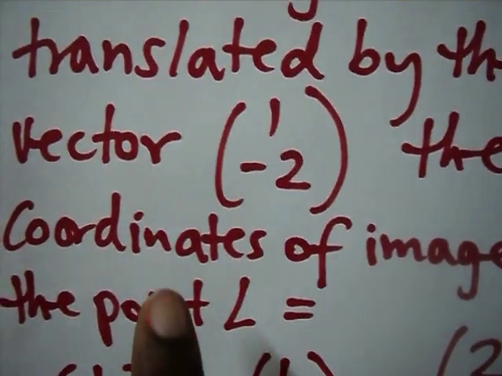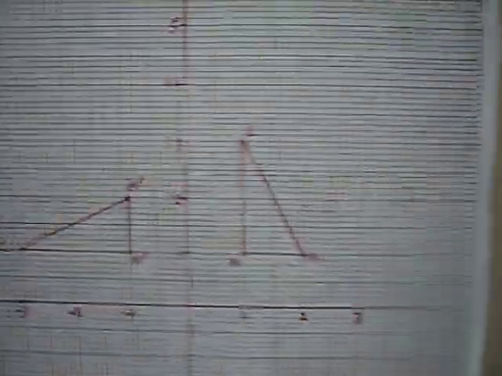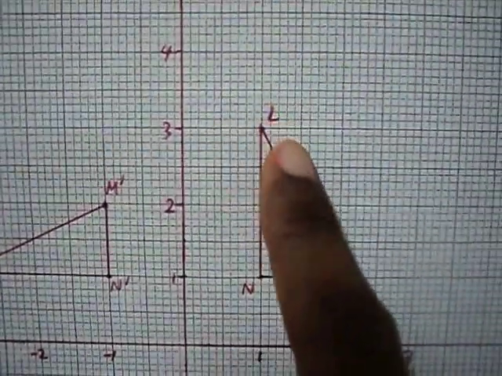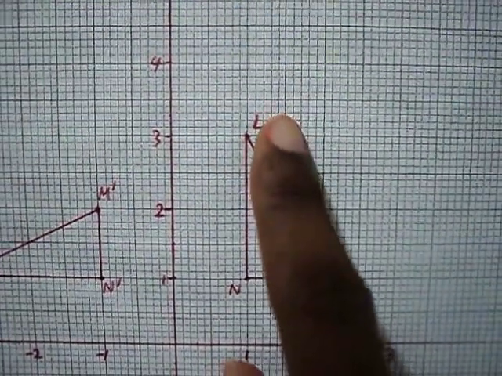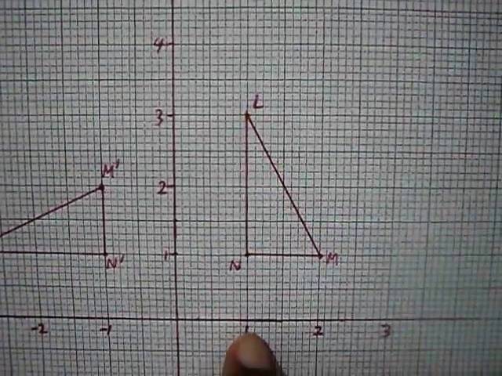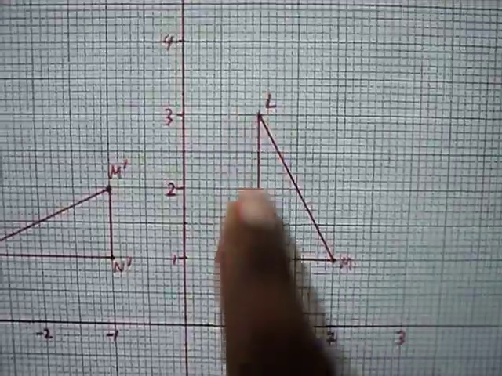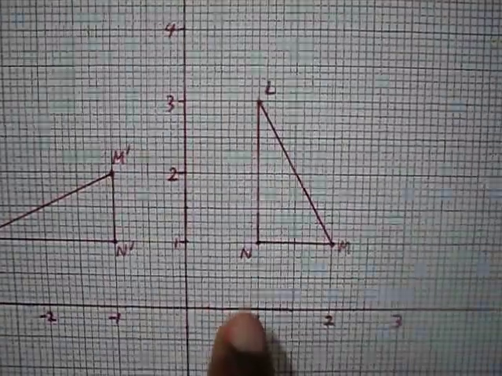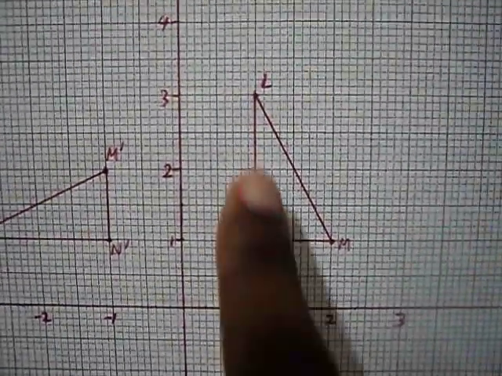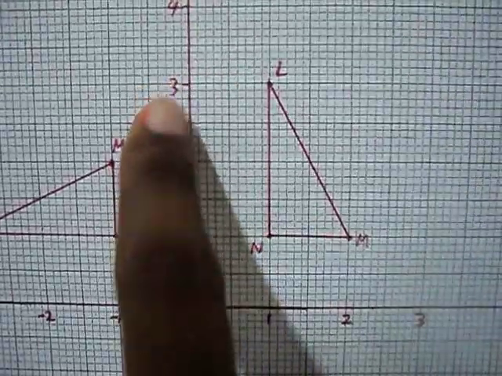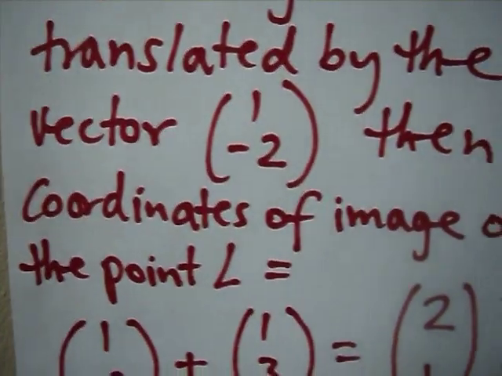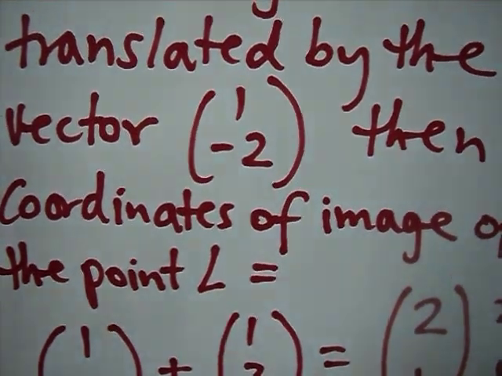Now let's look for the point L. Point L has coordinates what? X is 1, and Y is what? 3. Again, for L, X is 1 and Y is 3. So it's 1, 3. Good?